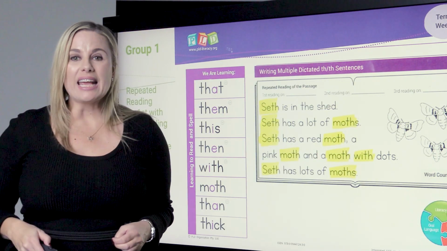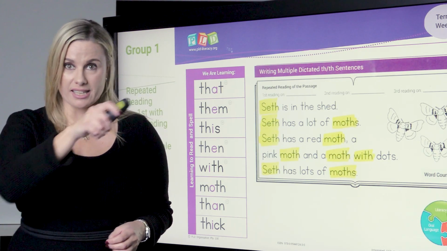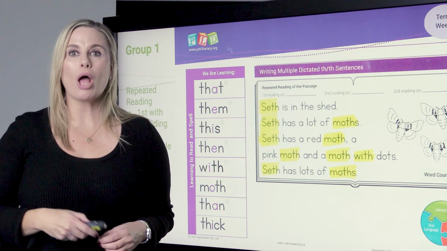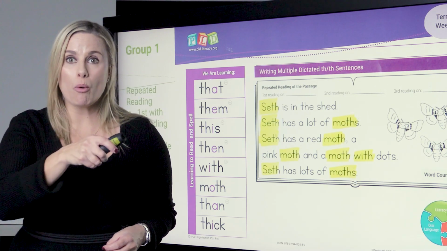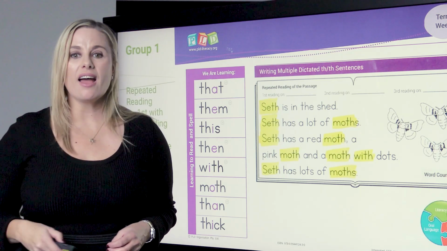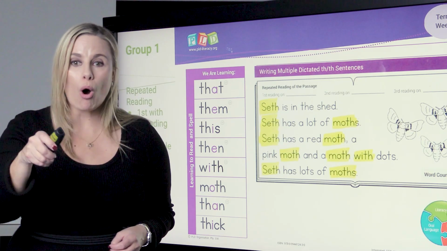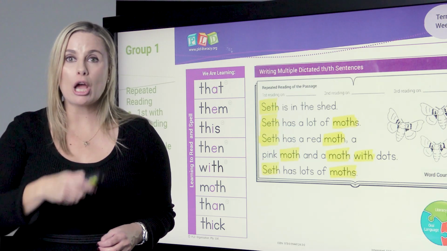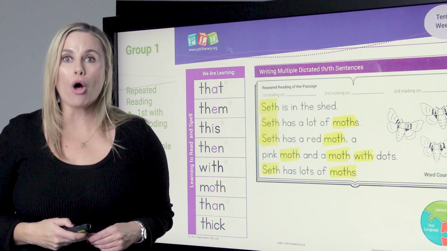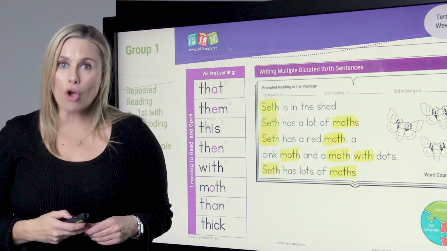Seth is in the shed. Seth has a lot of moths. Seth has a red moth, a pink moth, and a moth with dots.